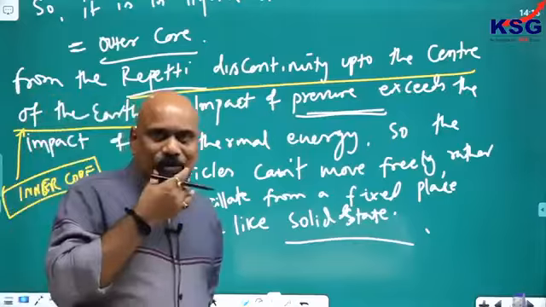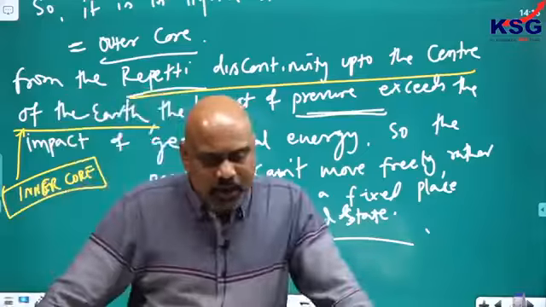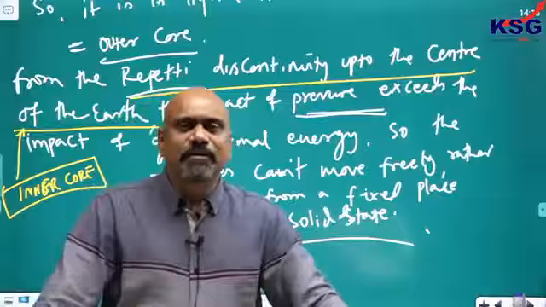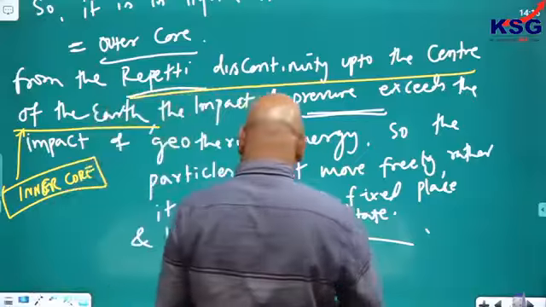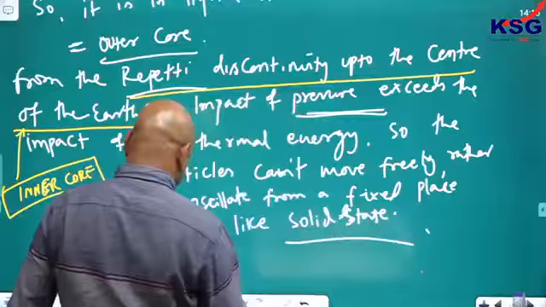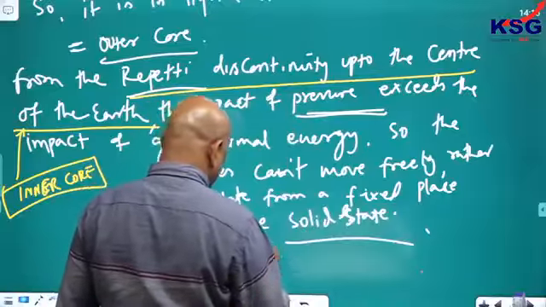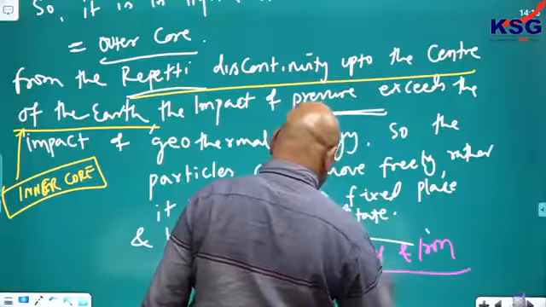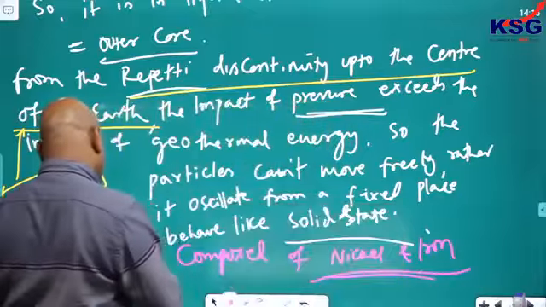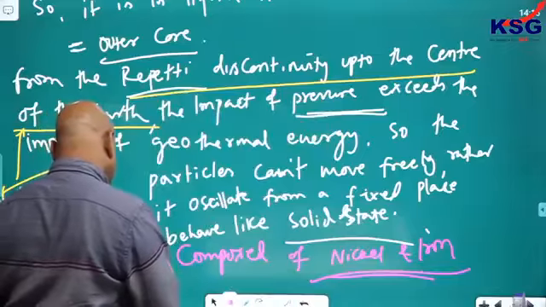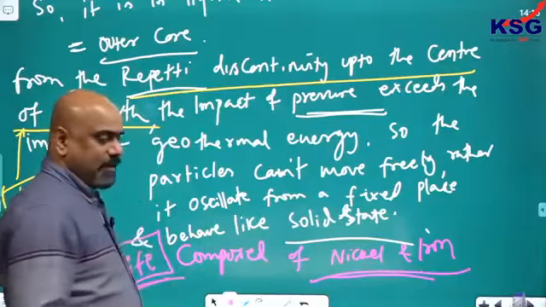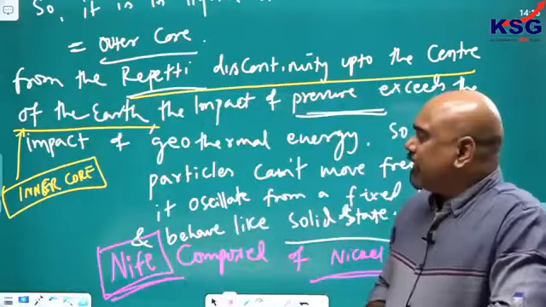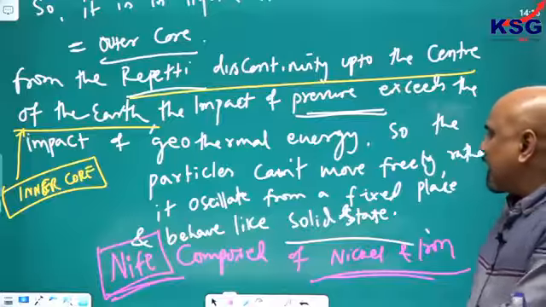Okay. Both of these mostly consist of nickel and iron, or the Nife layer, as we know. It is composed of mostly nickel and iron, so it is known as the Nife layer, nickel and ferrous.